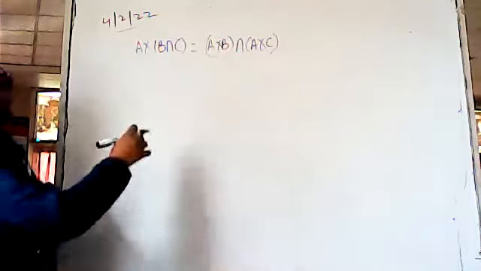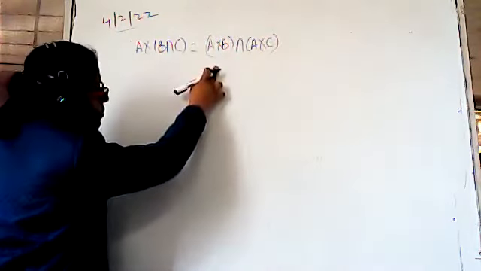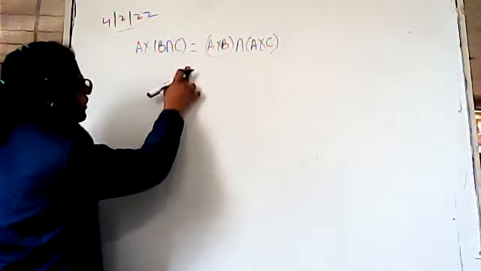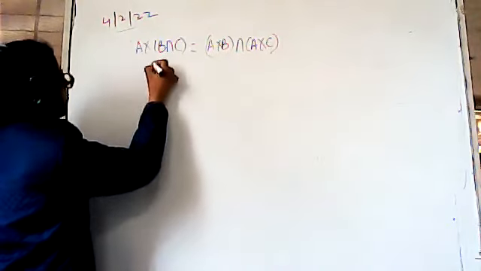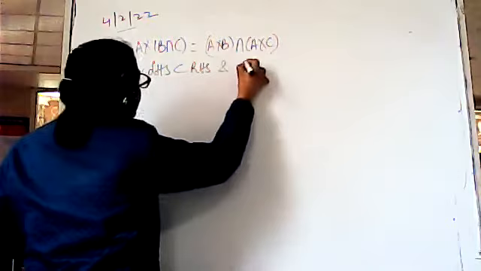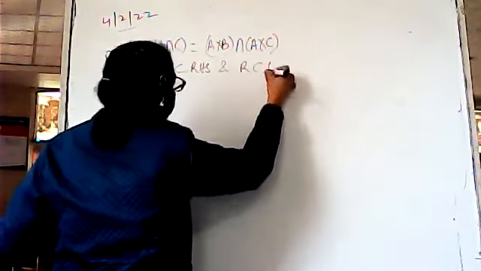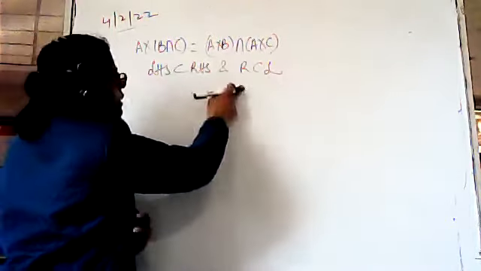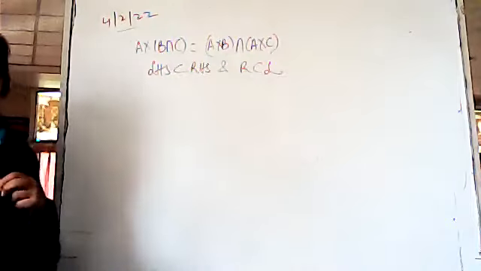Prove this. Again, we are to prove this equality. Before proving this equality, we will prove that the left-hand side is a subset of the right-hand side and the right-hand side is a subset of the left-hand side. If we prove these two things, we can prove the equality.